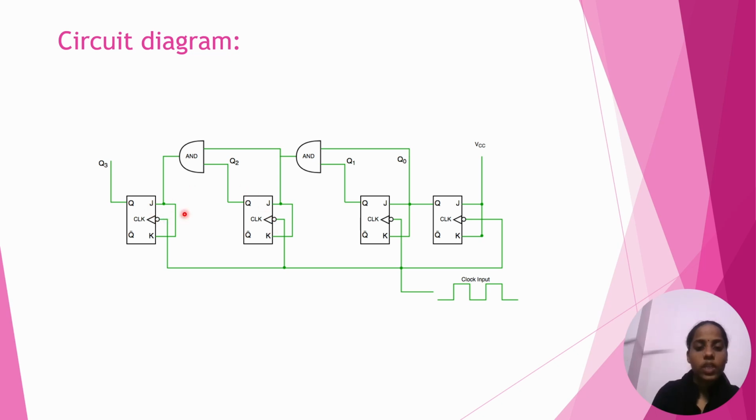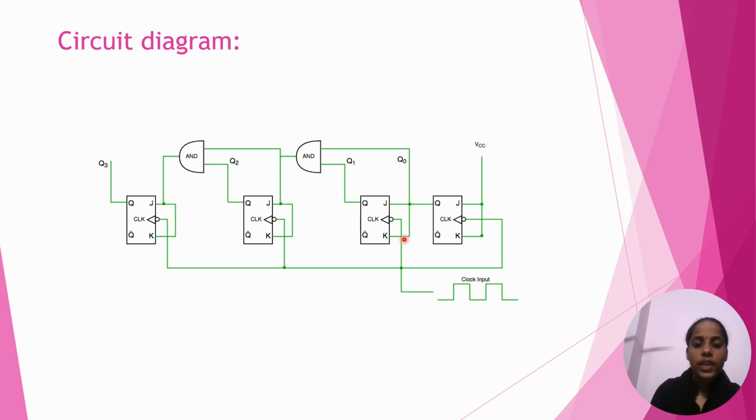Next is the circuit diagram of the synchronous counter. In this circuit, JK flip-flops are used. J and K are the inputs, Q and Q bar are the outputs. In these clock pulses, negative edge is used because a bubble is connected to the clock. Q0, Q1, Q2, Q3 are the outputs produced in this circuit. VCC is applied to the supply.